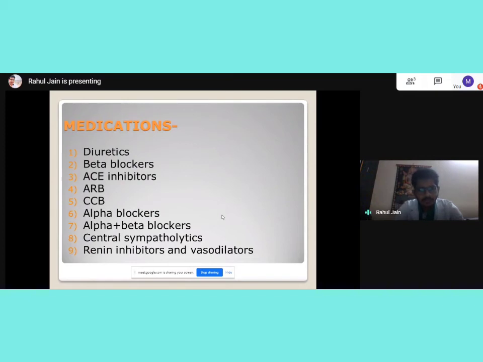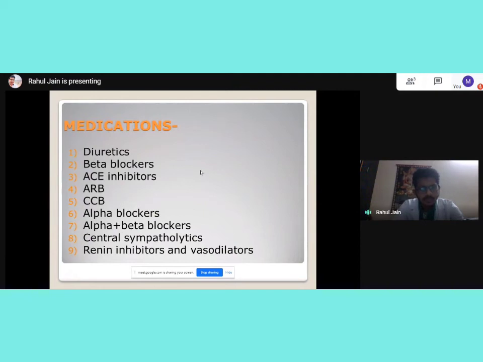Alpha blockers, we have prazosin. Central sympatholytics, we have methyldopa, alpha plus beta blocker, labetalol, renin inhibitors, aliskiren, vasodilators, minoxidil, all those drugs. But we will just know some more. We'll discuss ACE inhibitors, CCBs, and diuretics a little more, because they are the first line drugs.